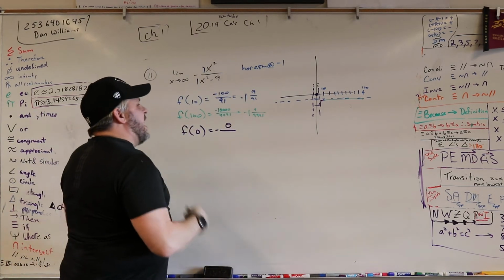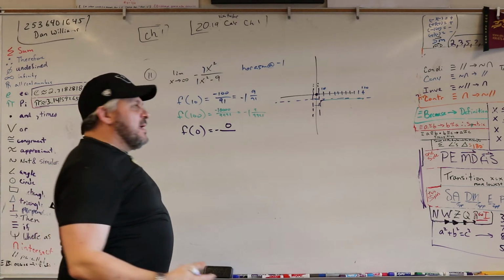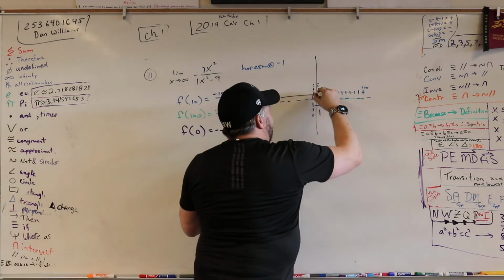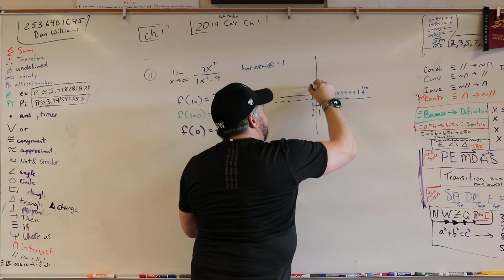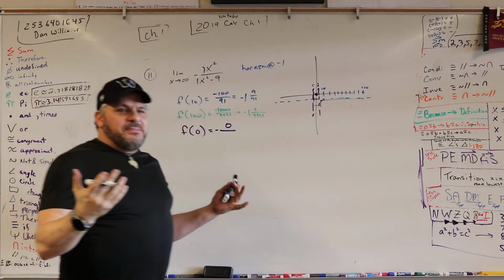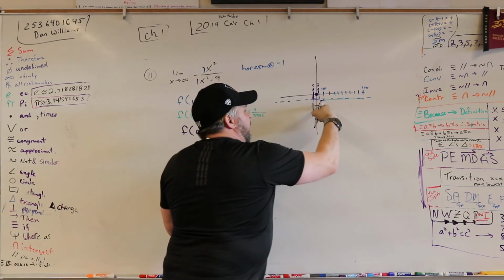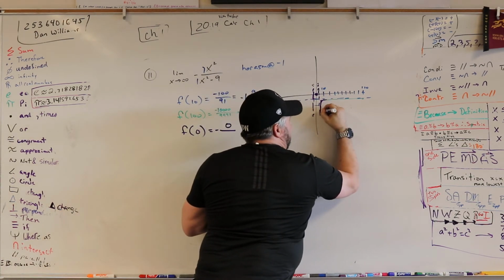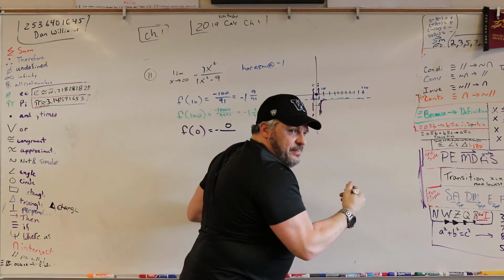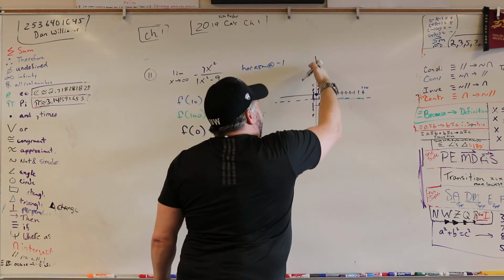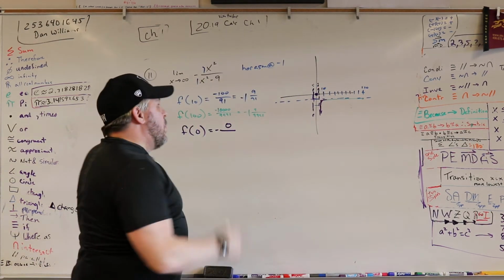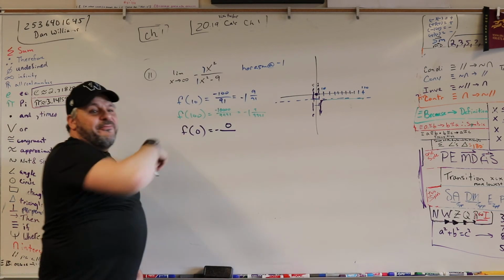So we've got to look at what happens at 4. Because inside these two asymptotes, something else is happening. We don't care. We want to know what's happening way out here. So we want to see if this thing dives down, which it should, right? We've got to look at 4, one more than your vertical asymptotes.